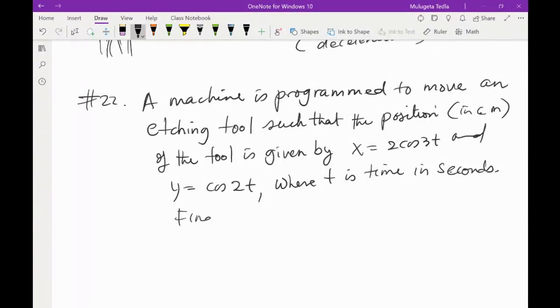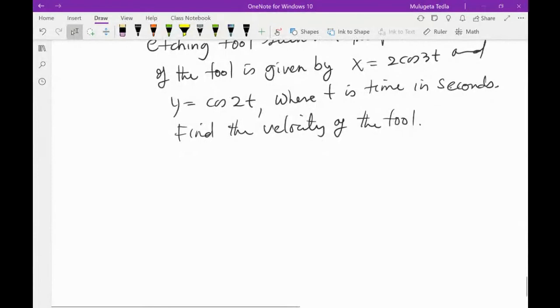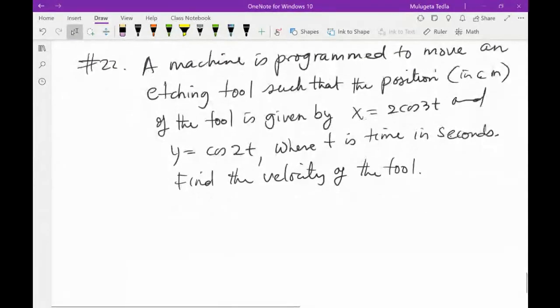So find the velocity of the tool. There is a question about Newton's method, but I don't want to do it, a lot of numbers come out. So could we do this?